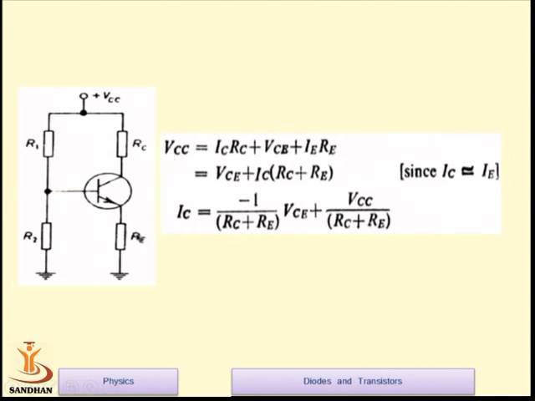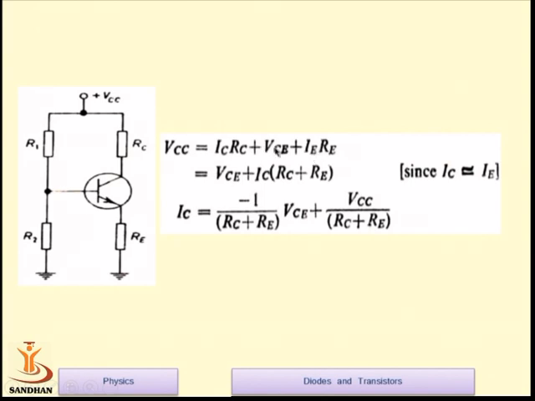But normally the current you get at RE is IE, and IE is largely dependent on IC. So one can say the value of IC is more or less equal to IE, so one can remove this IE and put IC in its place.